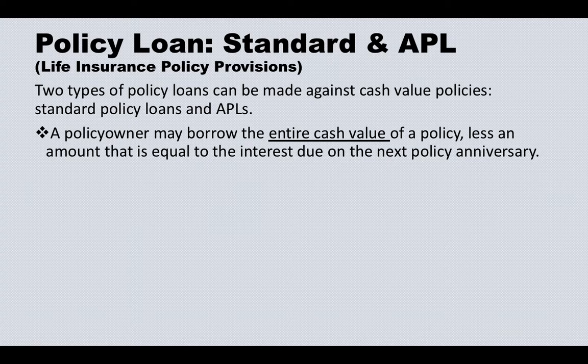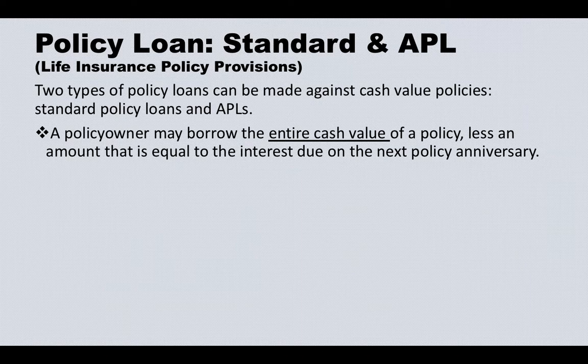So basically, let's say you have a $1 million policy, and you've been paying for a few years, so you have a cash value. Let's say you have $200,000 of cash value. You can actually take out a loan against this cash value.